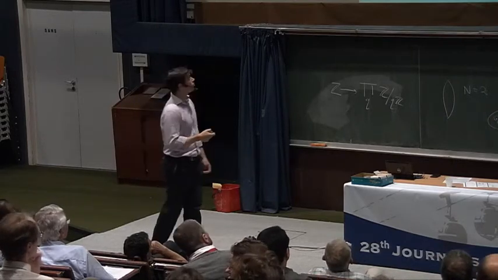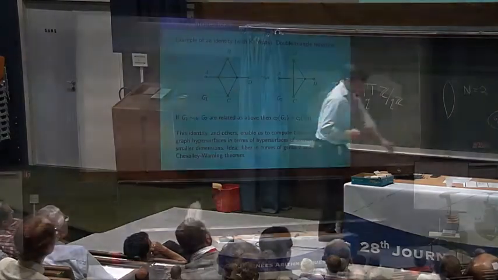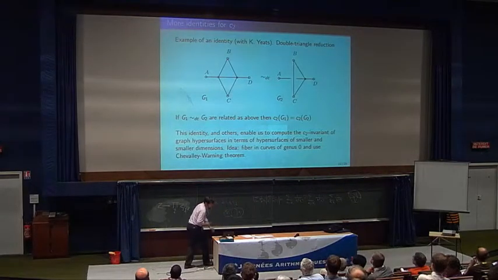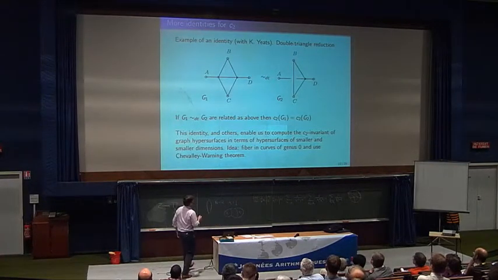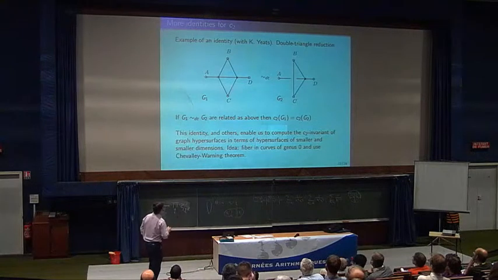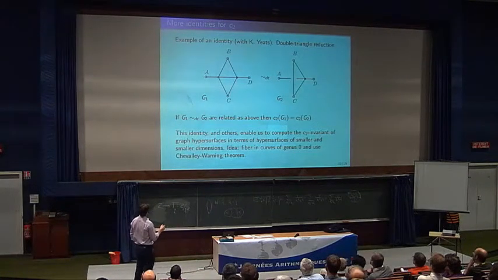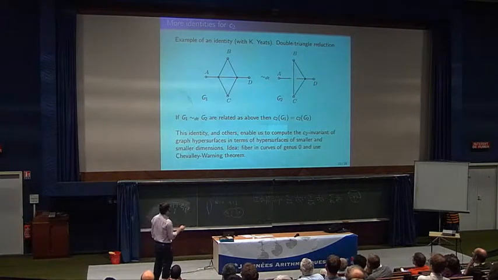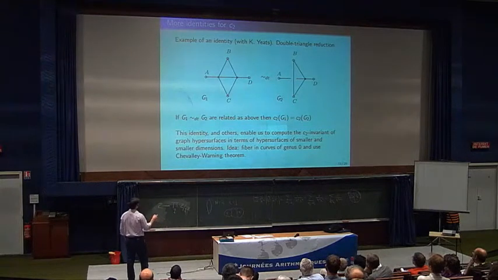So here's an example of an identity between C2 invariants. This is taken from a paper with Karen Yeats, and we call this double triangle reduction. So what we do is, suppose that we start off with a graph of this shape.